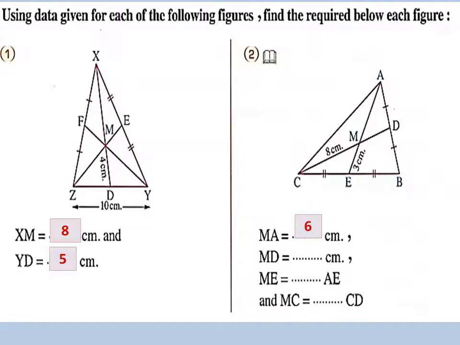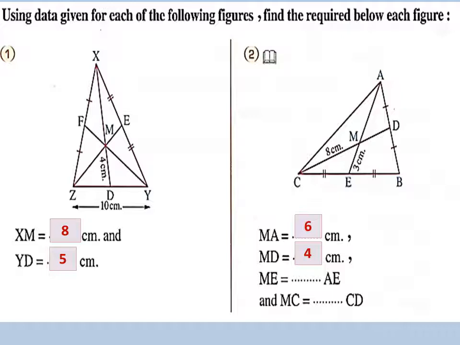MD, part from base or vertex? Good job, from base. So it's half the part from the vertex. So MD will equal 4. ME equals how many AE? ME is the part from the base.